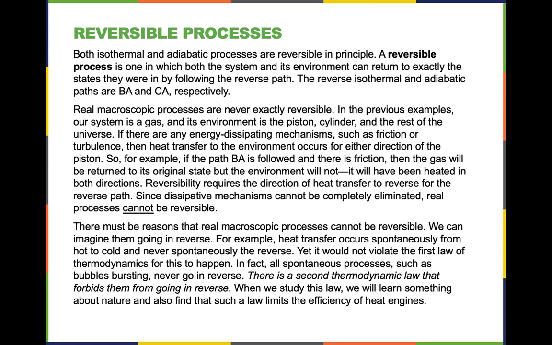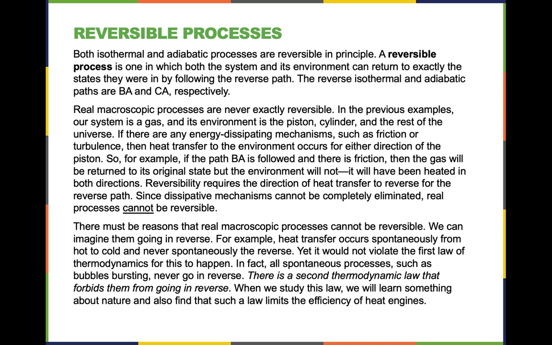In the previous examples, our system is a gas, and its environment is the piston, cylinder, and the rest of the universe. If there are any energy dissipating mechanisms such as friction or turbulence, then heat transfer to the environment occurs for either direction of the piston.